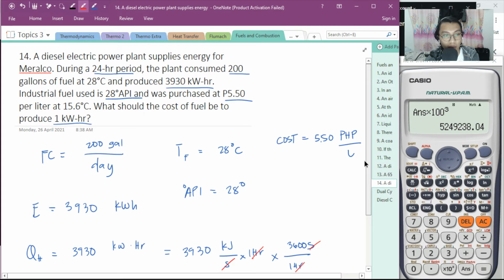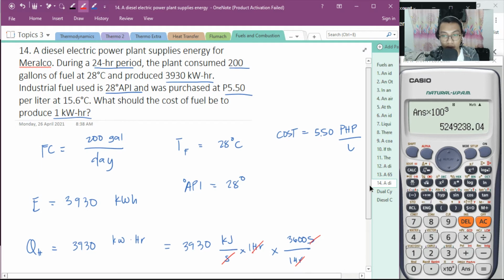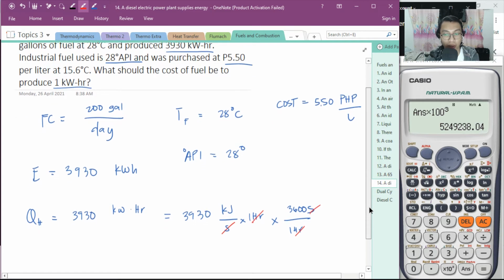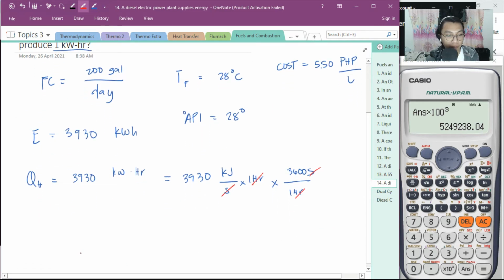Okay? 24-hour period. What should the cost of fuel be? Okay. 1 kilowatt hour. Oh, okay. Nakuha ko na. So, meron kang HHV of the fuel. Tapos, meron kang makukuha degree API, which is ito.